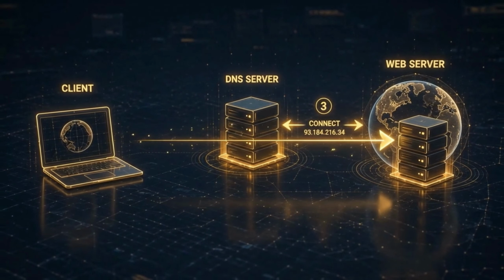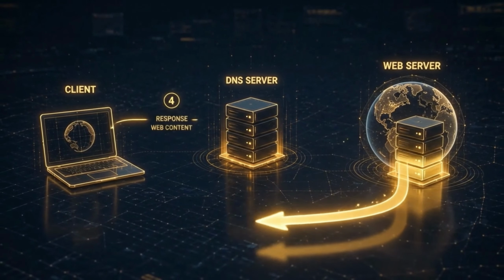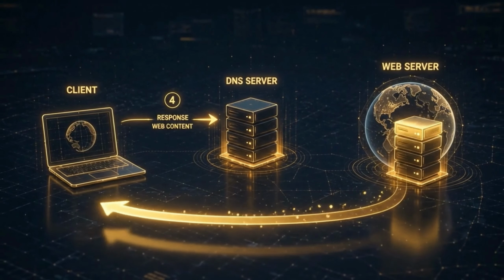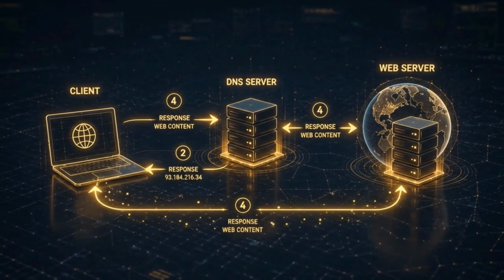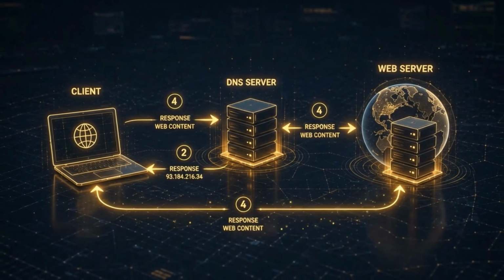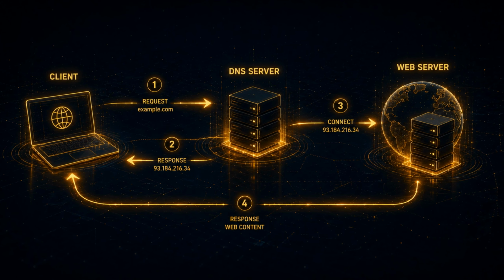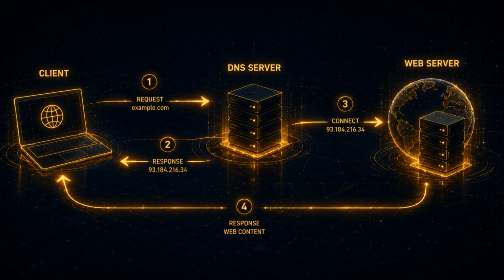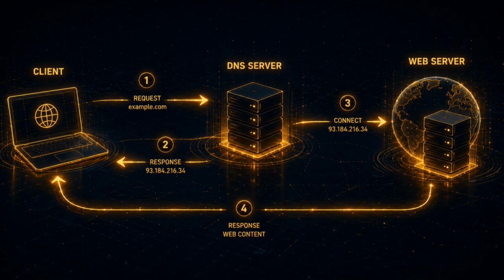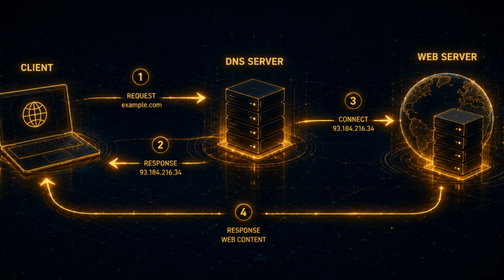That request travels through your router, out of your internet provider, across the world until it reaches one of Google's servers. The server does the work and sends a response back along the same kind of path. The page loads. It felt instant, but that was a conversation between a client and a server, crossing dozens of devices in under a second.